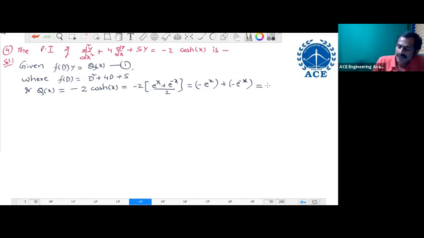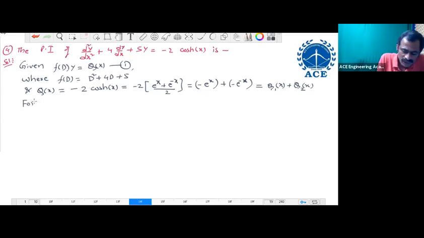Let us suppose this sum as q1 of x plus q2 of x. q1 of x is minus e power x, and q2 of x is minus e power minus x. So for each function, we write the particular integral separately, and then we add both of them.